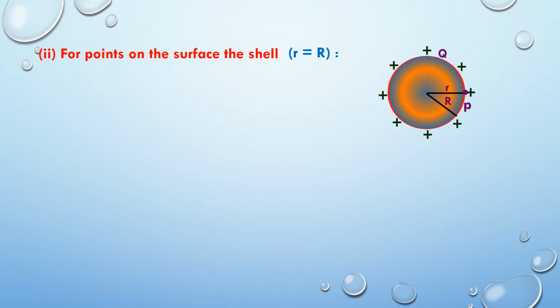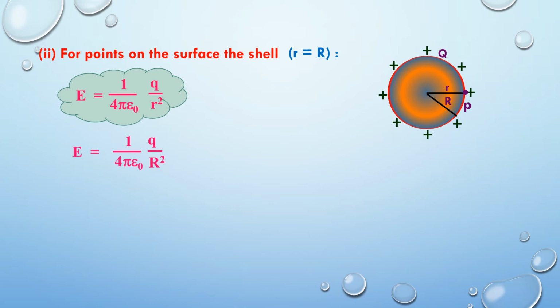Next, for points on the surface of the shell, the radius of the imaginary sphere and the radius of the charged sphere are equal to each other. Hence, we can now write E is equal to 1 upon 4 pi epsilon naught Q by capital R squared, where both the distances are now the same.